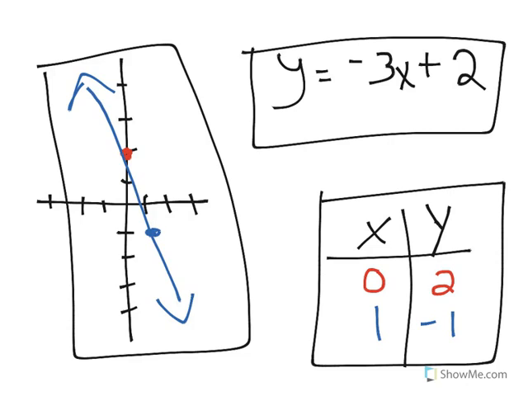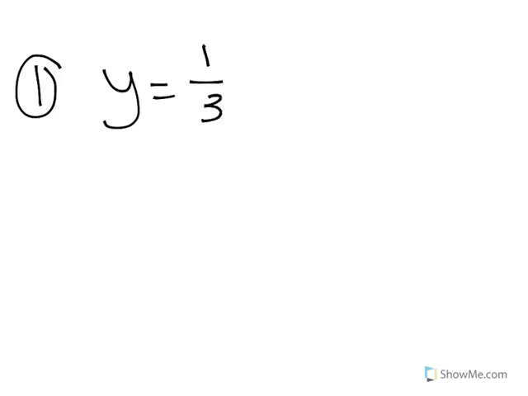So I'm going to give you some practice problems now to try, and I want you to do the same exact thing. Make a table, make an equation, and draw the graph. Okay? Number 1 is going to be y is equal to 1/3 x minus 2.